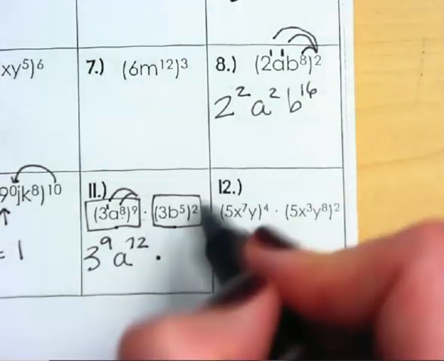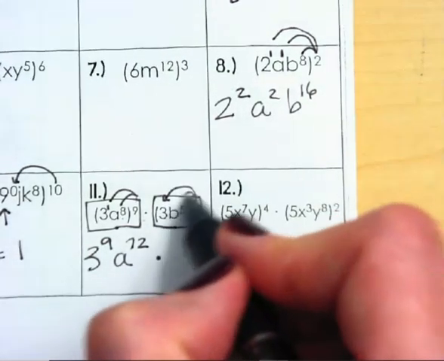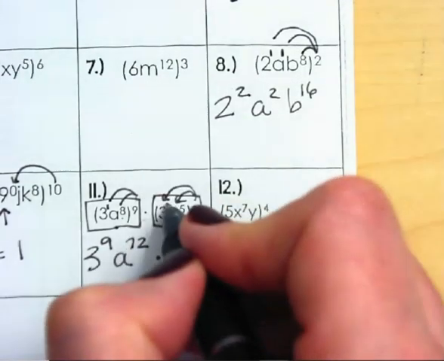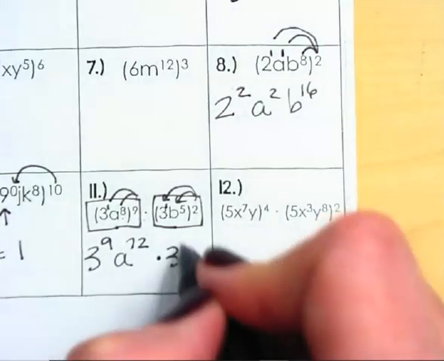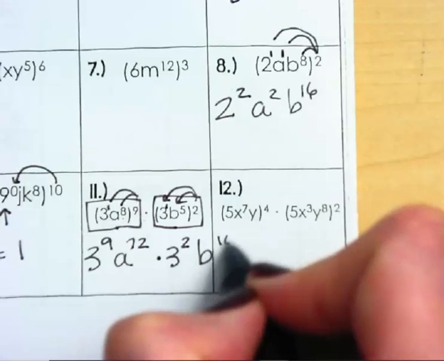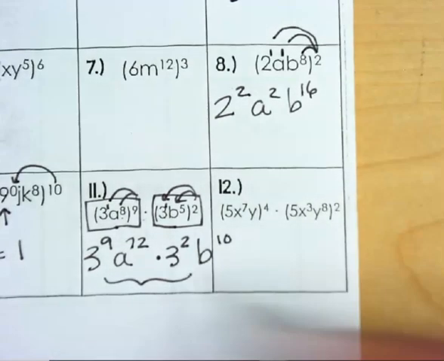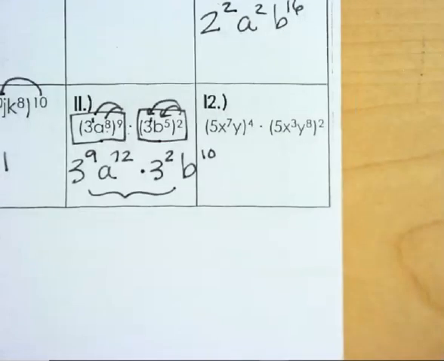And then in the second group, that outer power is 2. I'm going to bring that into the 3 and the b. It's really 3 to the 1. And 1 times 2 is 2. And then the b is to the 5 times 2, or 10. Now I can multiply these 2 groups together. There's only one matching base, and that's the 3.